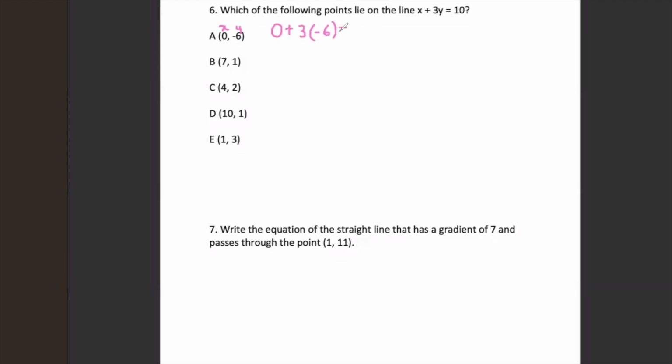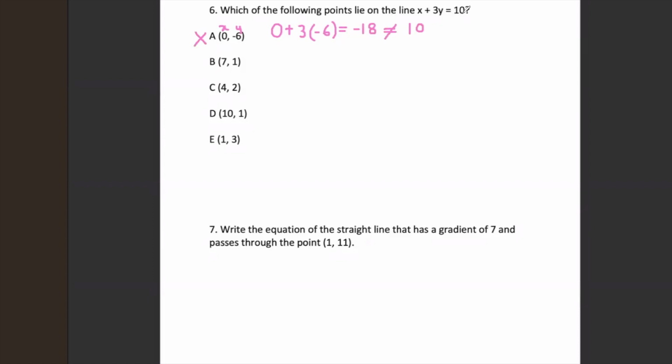So that is just a minus 18. That's a minus 18, but not a 10 according to the question. So this point does not lie on the line x plus 3y equals 10, because we got a minus 18 and not a 10.